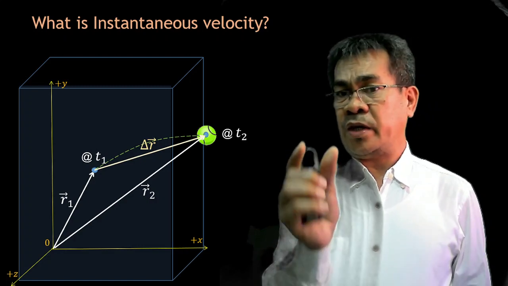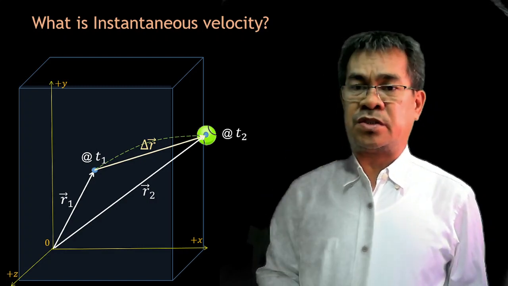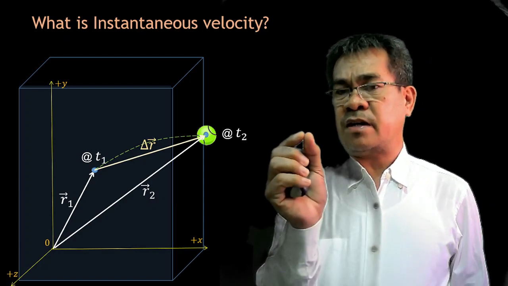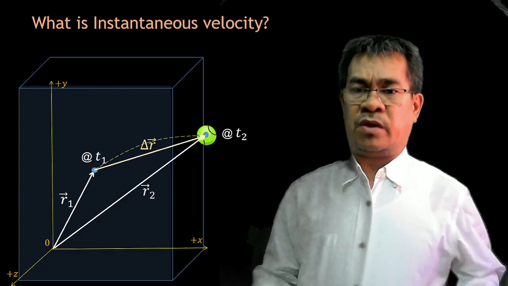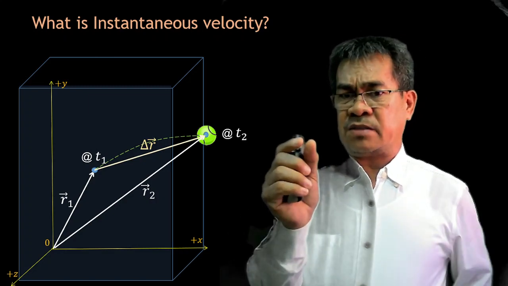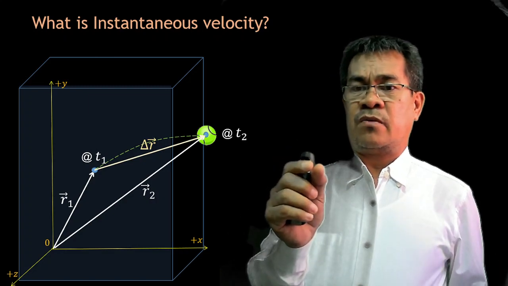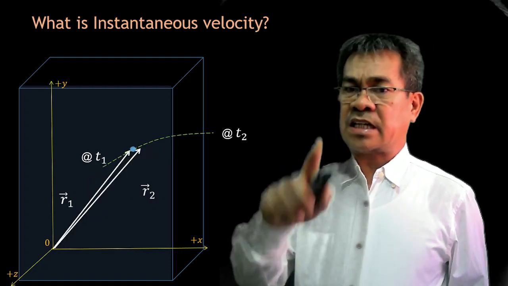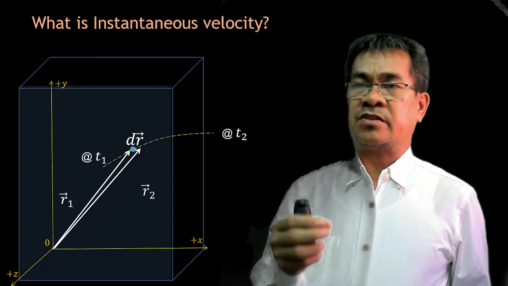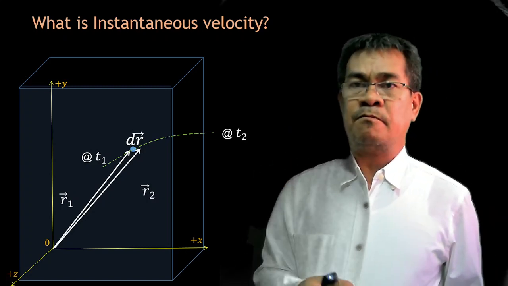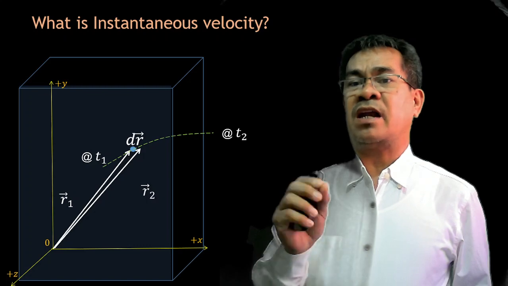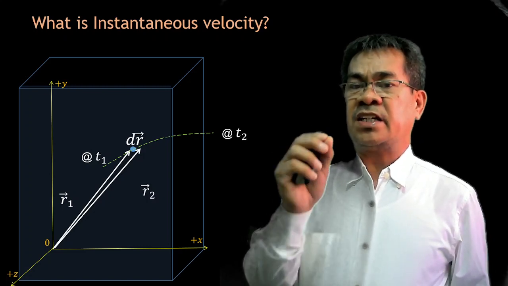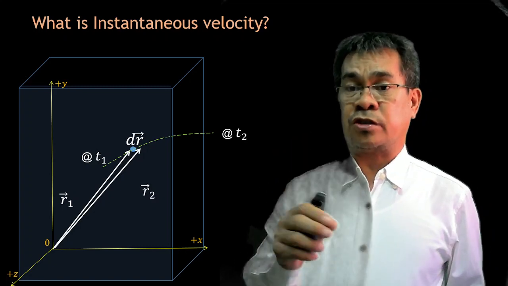Now if we reduce the change in position, if we make the change in position delta r very, very small, meaning when we consider only a very, very small displacement within the travel, then the delta r becomes dr. In mathematics, dr is an infinitesimal value of r, meaning it can be read as the infinitesimal value of the position.